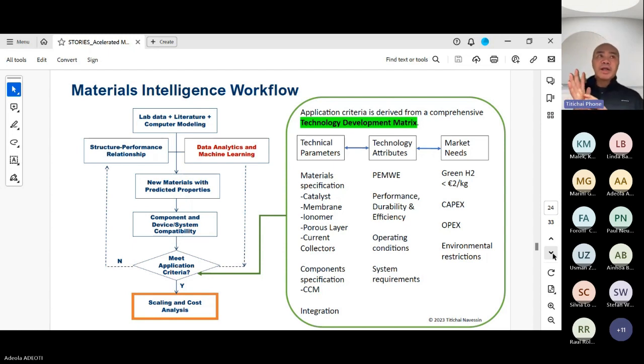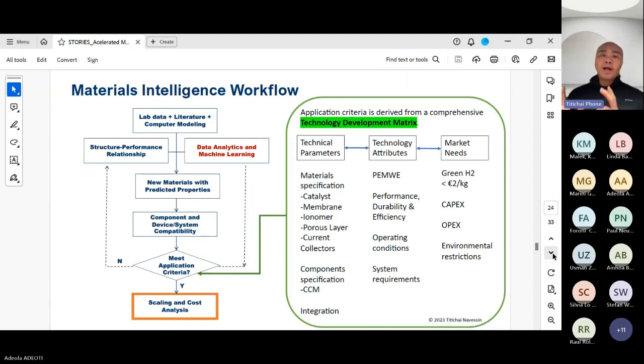So it's green hydrogen that you need in the context of electrolysis. It has to produce at less than, say, €2 per kilogram with a certain capital investment, operating conditions, and environmental restrictions. And then essentially that's the market characteristics.